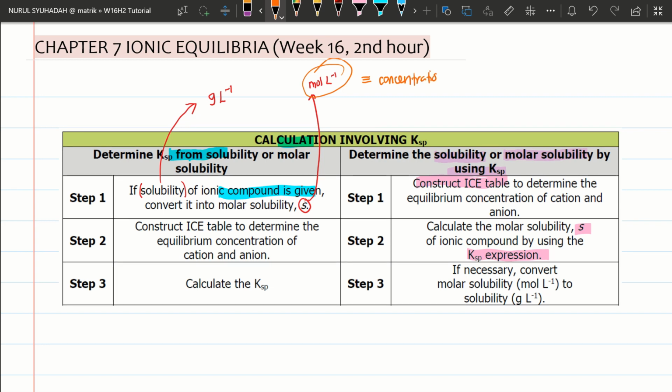Okay, which is molar. Samalah sebenarnya, cuma dekat dalam subtopik ni kita panggil dia sebagai molar solubility. Kita akan guna S. Okay, so now let's look at the example for the calculation involving KSP. So saya akan bincangkan dua example dekat sini. So let's take a look.